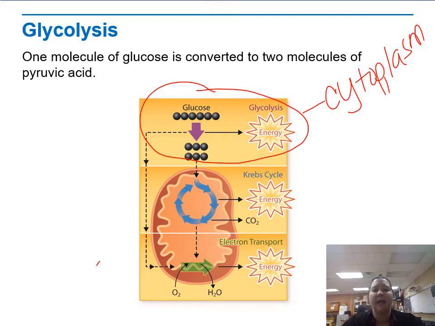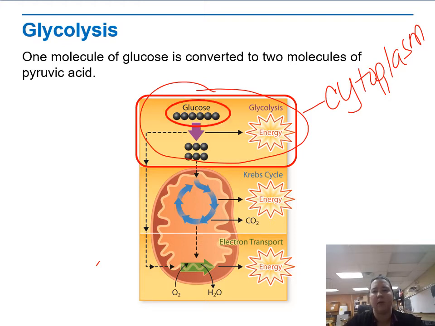Right now, the really important point is that glycolysis happens out in the cytoplasm and breaks glucose apart. You can see it breaks that glucose into two molecules of pyruvic acid.